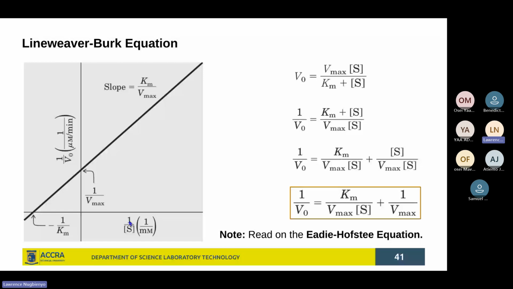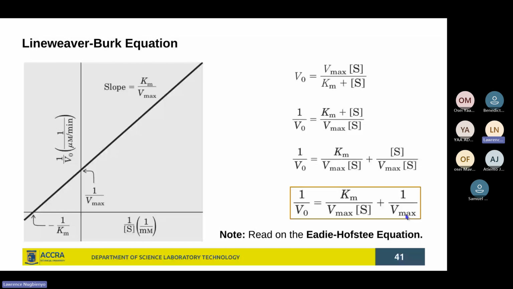The value there is 1 over concentration of S on the horizontal axis. If you do that, then it means that the slope is going to be the Michaelis-Menten constant divided by the maximum rate of reaction. Then you can also say that the intersection of the line with the vertical axis is at 1 over the maximum rate of the reaction.